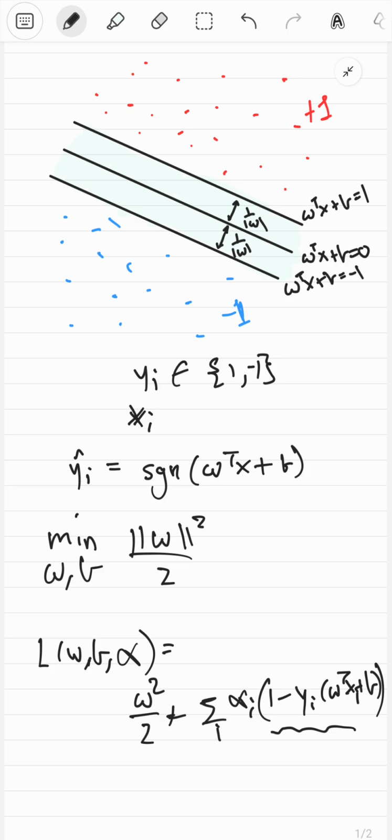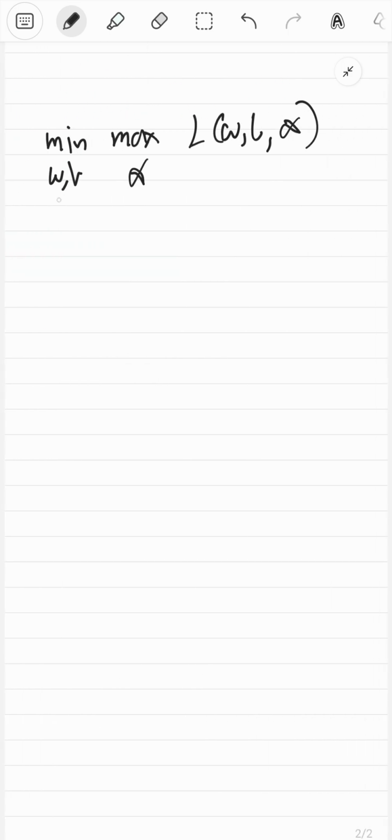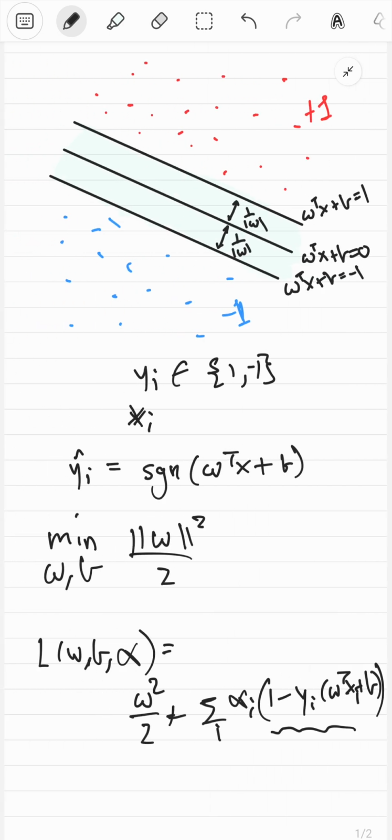And so what will happen is, for whatever omega and b you are trying to calculate the loss function for, we'll just penalize it to the extreme, to infinity, if one of the conditions isn't met, if it's violated.